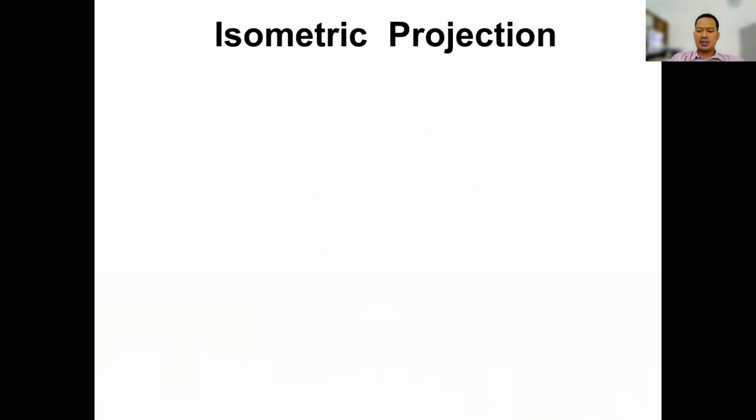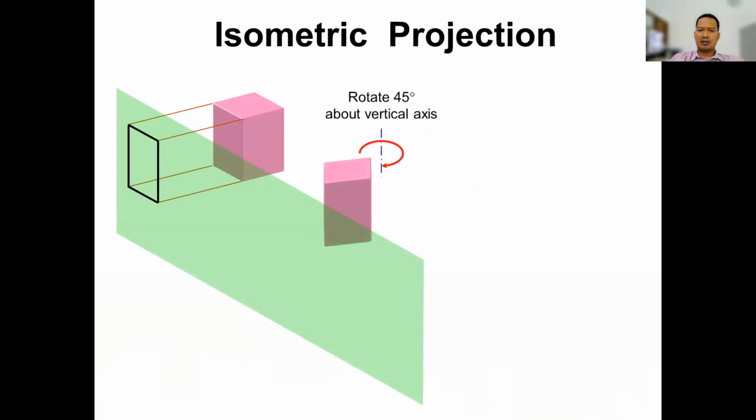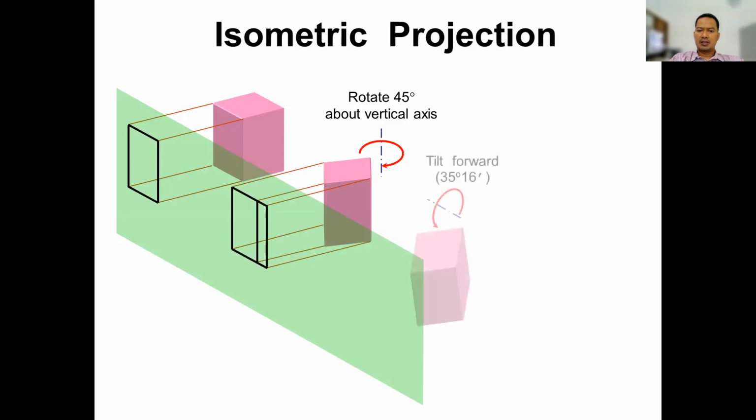And then about the isometric projection and isometric drawing. For the isometric projection, for example, we have an object like this, then we do the projection and rotate the object through the vertical axis by 45 degrees. You will get this projection.